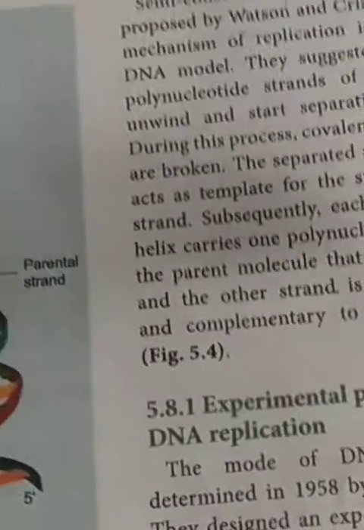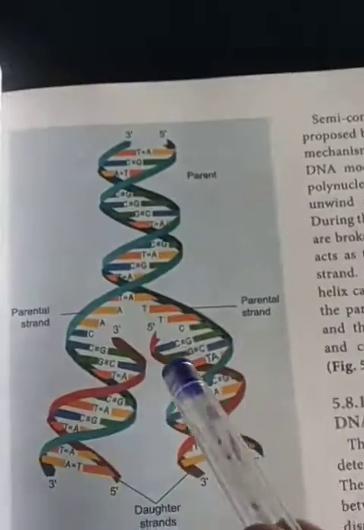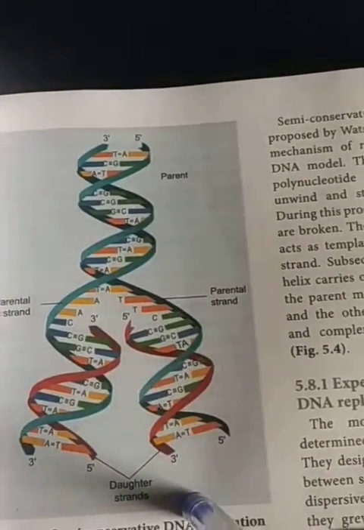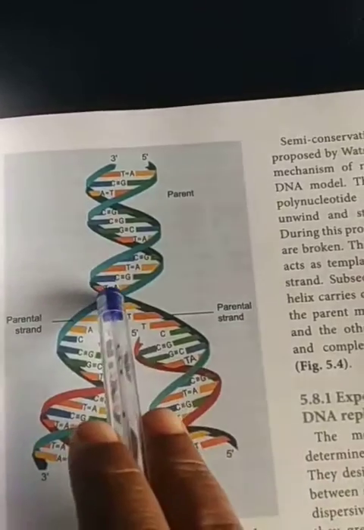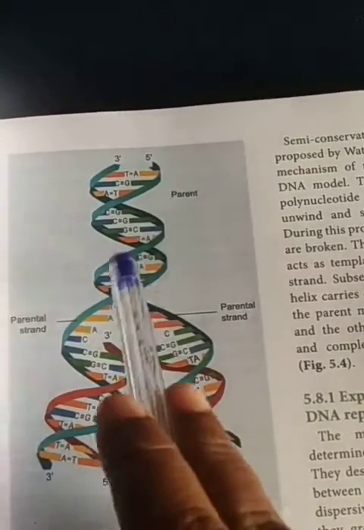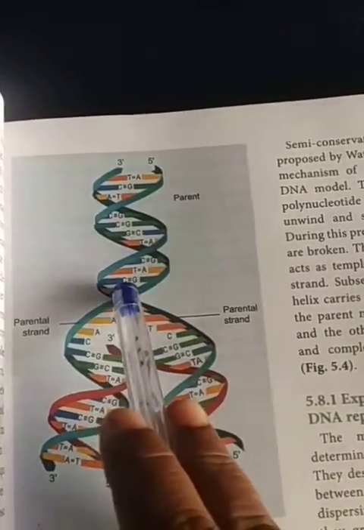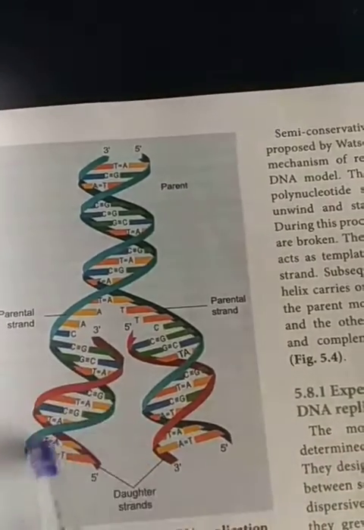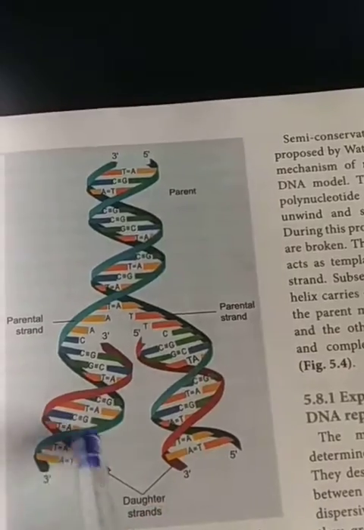Another method is known as semi-conservative. In this semi-conservative method, the double helix model of DNA unwinds at one end with the breaking of the hydrogen bonds. One strand is the parent strand. Then the parent strand produces the complementary daughter molecule.